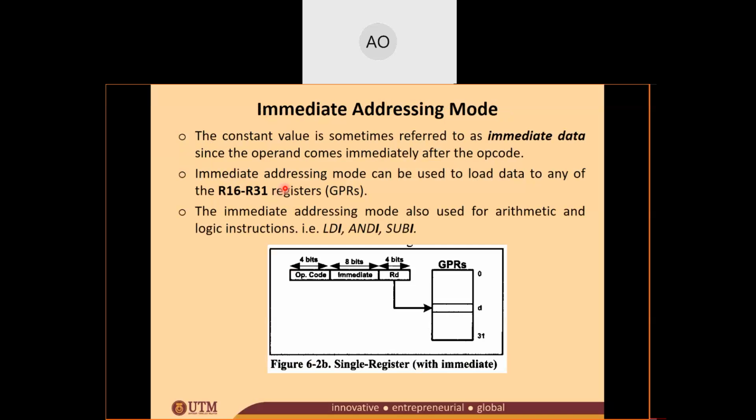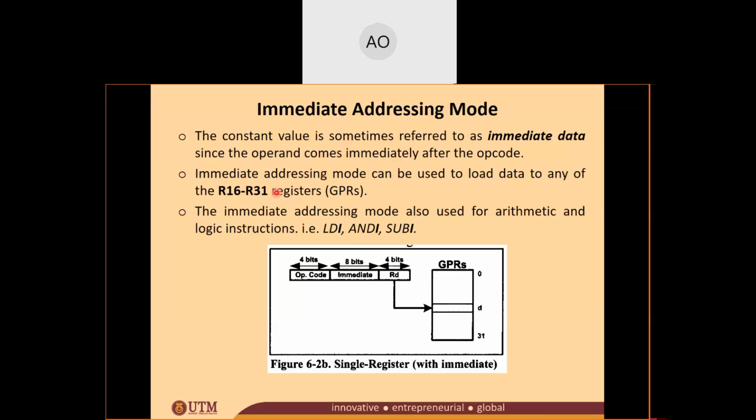Last is immediate addressing mode. The constant value is sometimes referred to as immediate data, since the operand comes immediately after the opcode. It means this one only involves the immediate data, or outside data, or constant value.